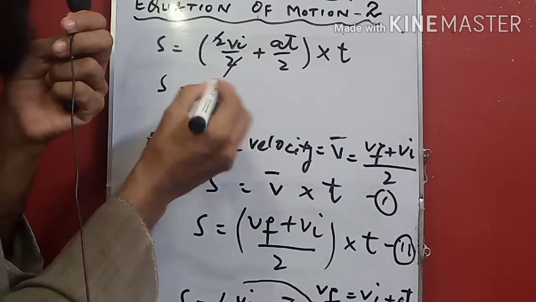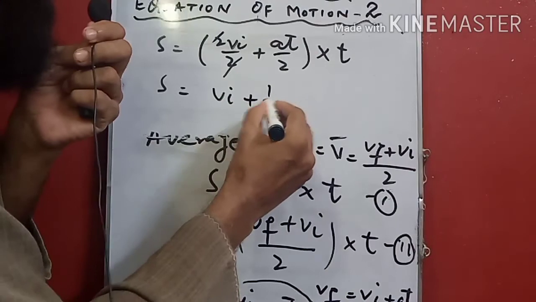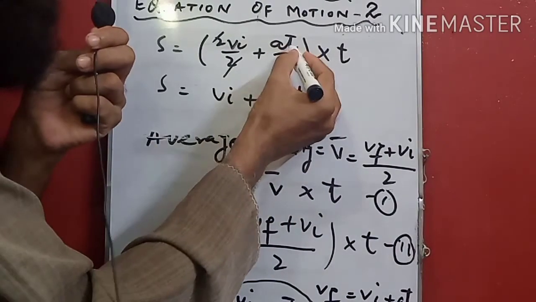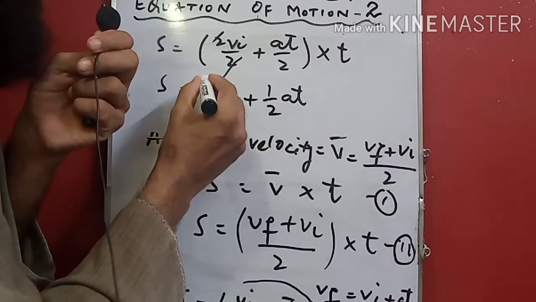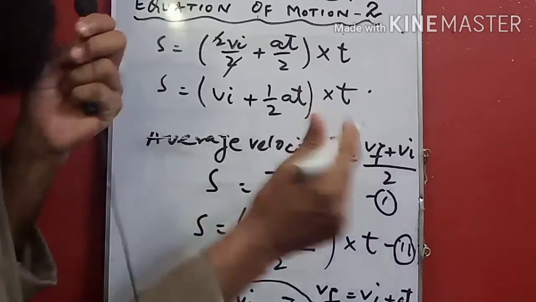So S is equal to Vi plus 1 upon 2 At, since At upon 2 means 1 upon 2 At, multiplied by T.